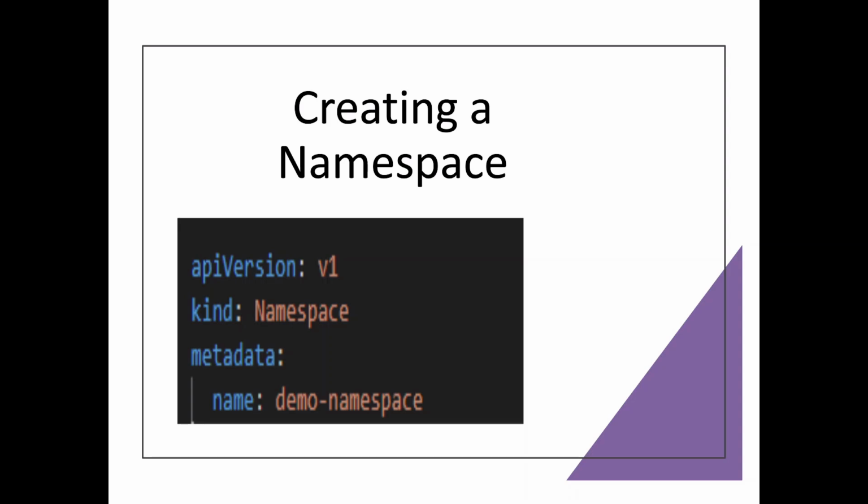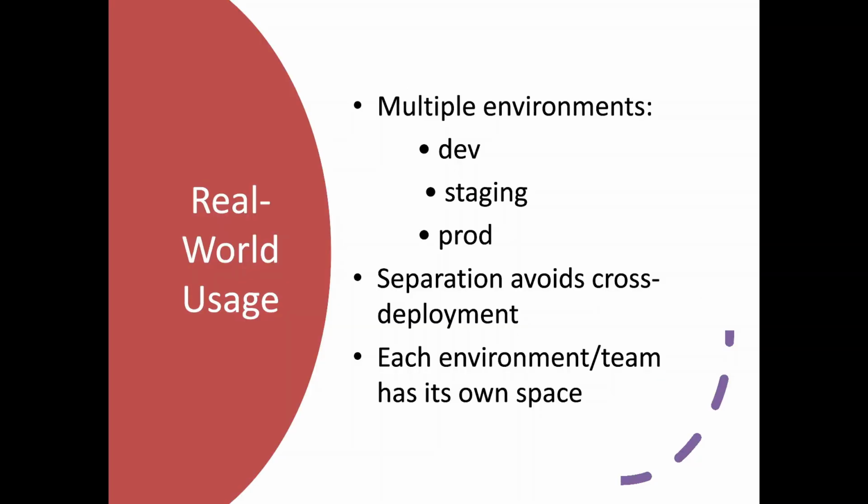So just specify the v1 version, the kind Namespace, and give a name to your namespace. Real-world usage can be, let's say your company has multiple environments: a dev namespace for developers, a staging namespace for testing, and a production or prod namespace for production workloads. This separation ensures no accidental cross deployments and keeps workloads safe.